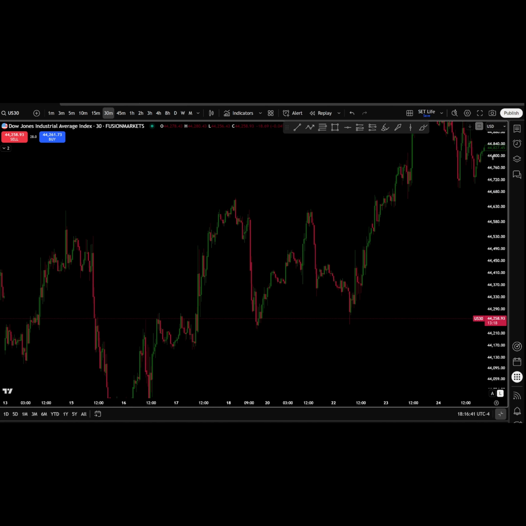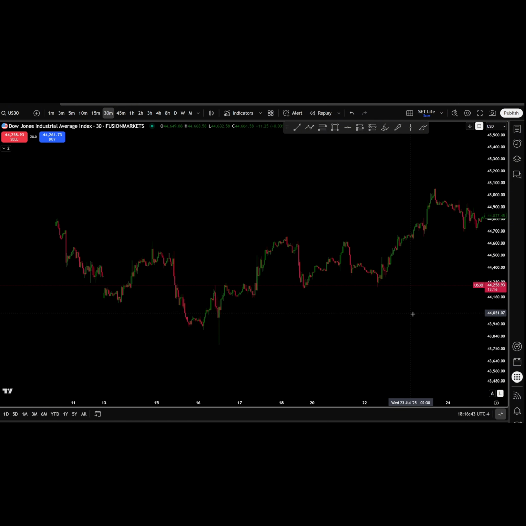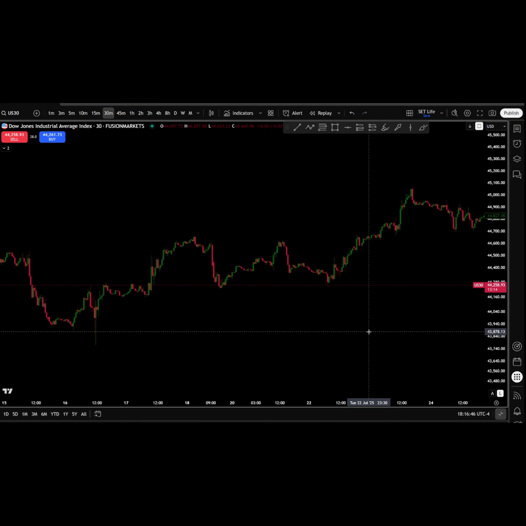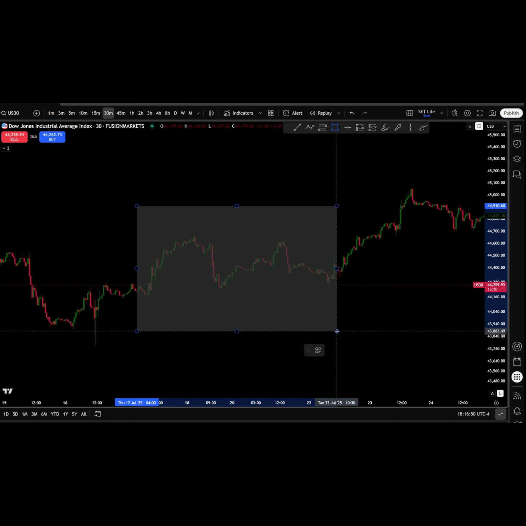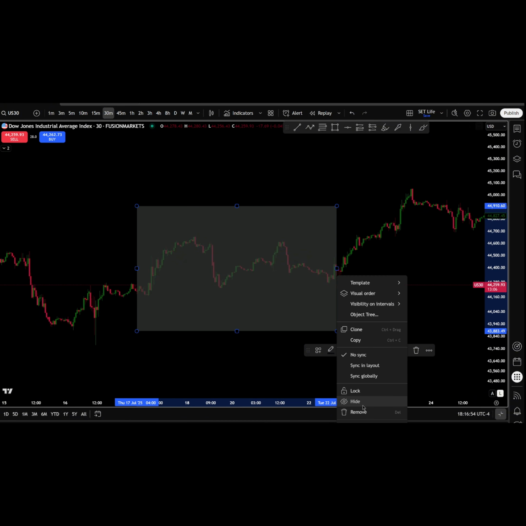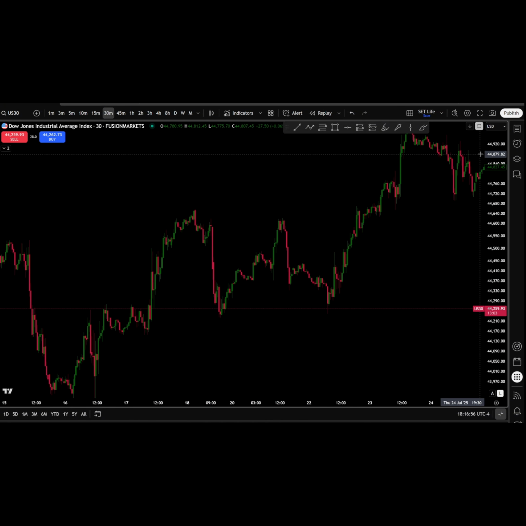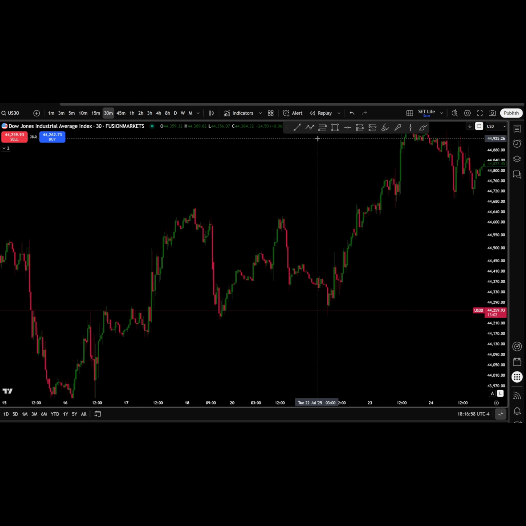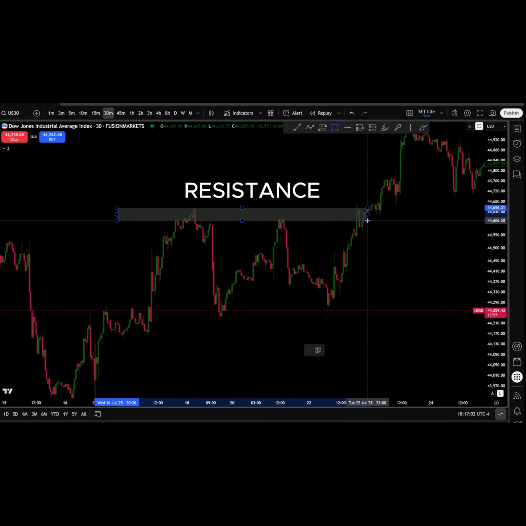So let's get into the first trade over here. Let's focus on this area right now. Let's say that the market is in this zone. Looking at this, what we learned, support and resistance, we will put the mark here that this is the resistance from the highs touching them.